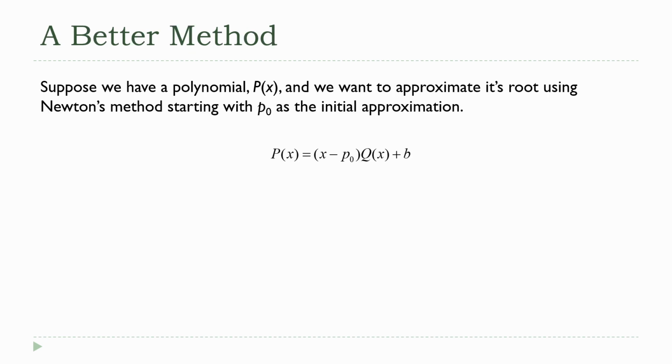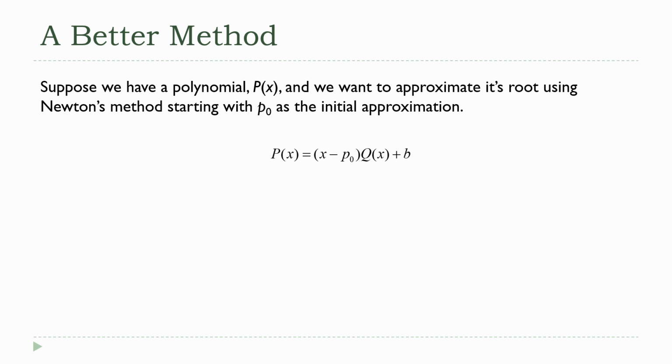So first, I've outlined what we want to do here. We have a polynomial, and we want to approximate its root using Newton's method, starting with p sub 0 as the initial approximation. Now, to start off our method, I'm going to use something here called the polynomial division algorithm. Polynomial division algorithm says if I have a polynomial p of x, and I have a factor x minus p sub 0, then I can rewrite p of x as x minus p sub 0 times some other polynomial q of x, which is smaller than p.